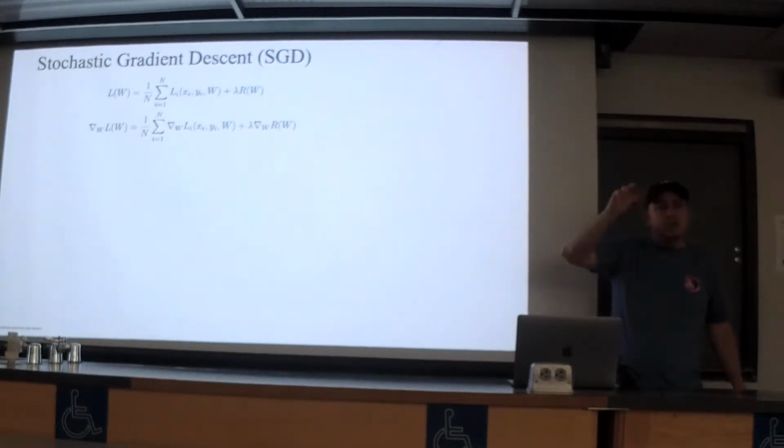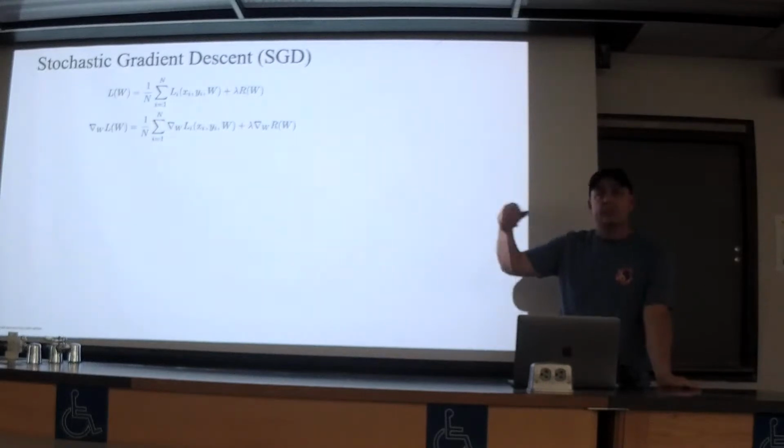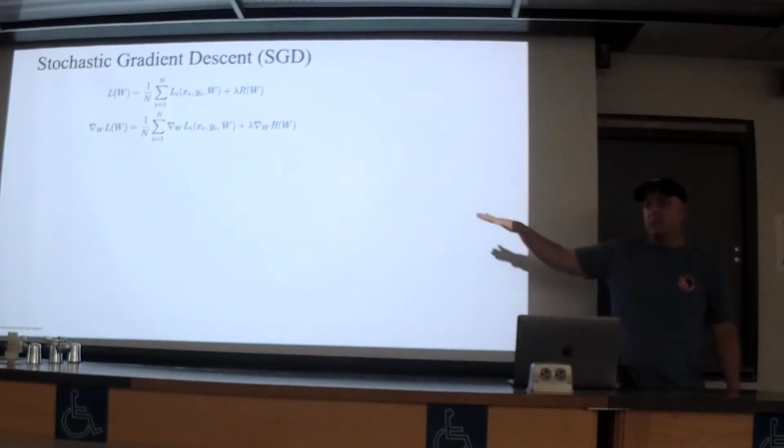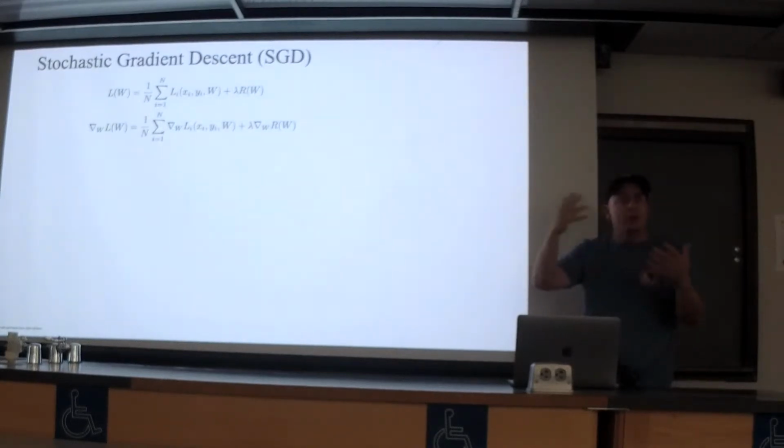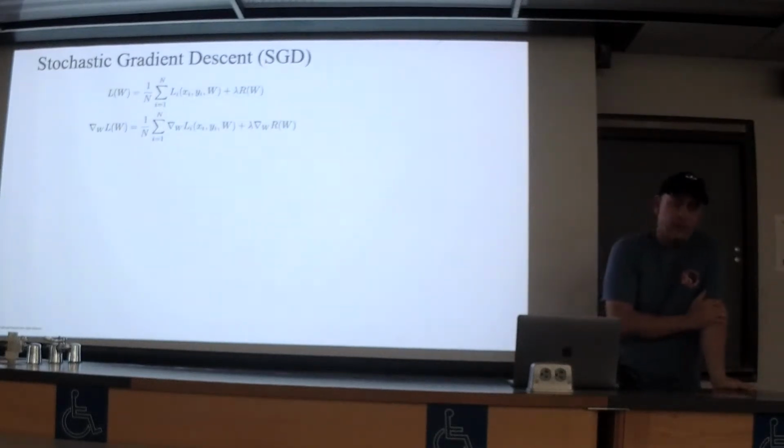The other huge problem here is the way that we've defined our loss functions. Remember, in general, our loss functions are the average loss over all the data points in the training set. So if we've got millions, tens of millions, I mean, people are training on hundreds of billions of data points, we can't at every iteration recalculate the loss and all those gradients for all those data points.